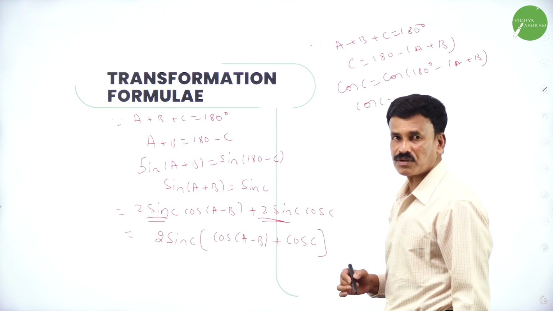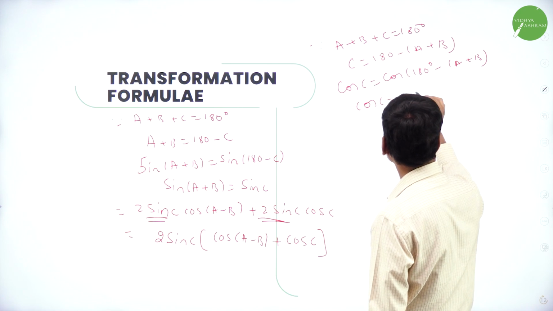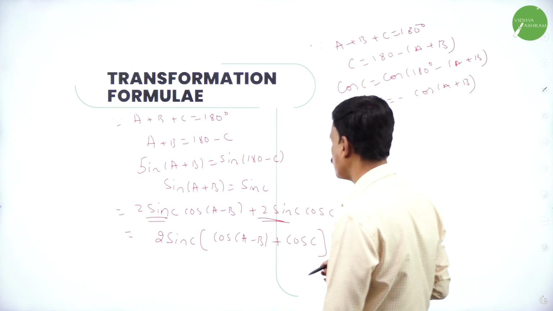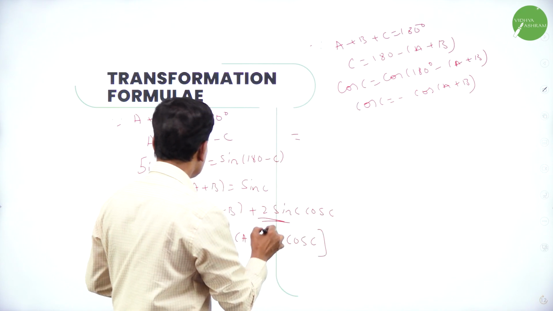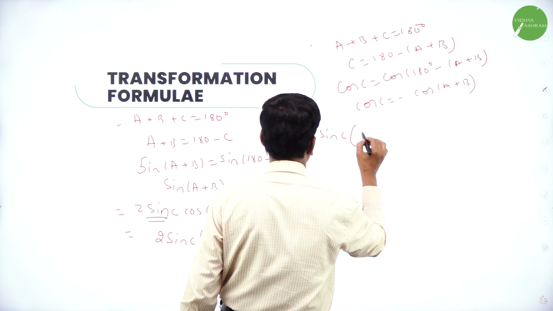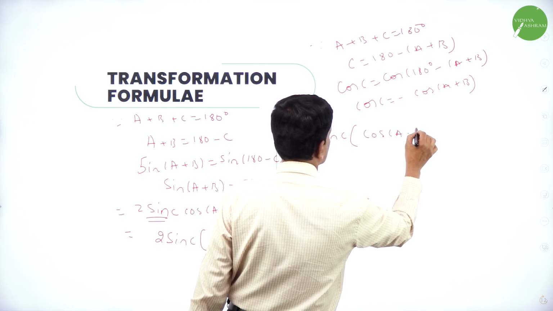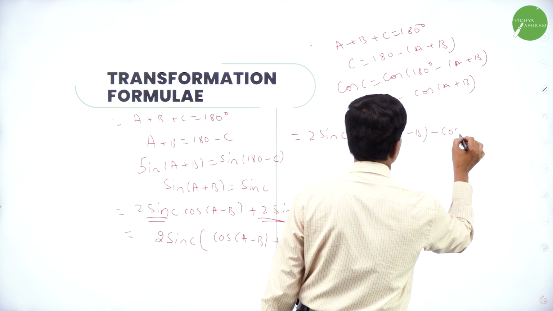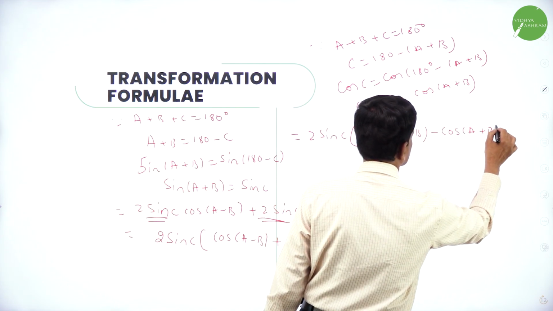Cos 180 minus theta comes in the second quadrant. This is minus cos of a plus b. So, this becomes 2 sine c into cos of a minus b as it is, and this cos c can also be written as minus of cos a plus b.